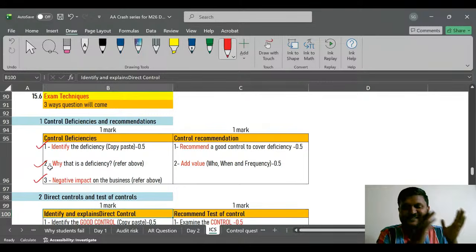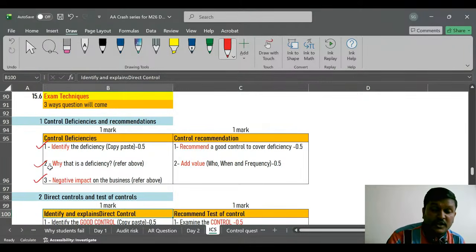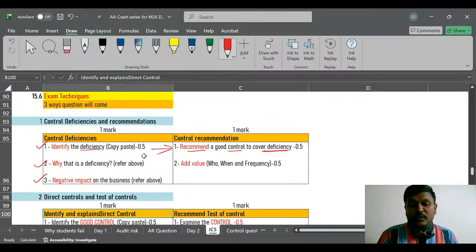Now coming to the right side question, the control recommendation. You would recommend a good control to cover the deficiency. Whatever deficiency you have identified, you need to recommend a good control to cover it. So if you are saying this thing is not being reviewed, you would suggest that the item needs to be reviewed by a senior official, and you add value with who, when, and the frequency: who will be doing it, whether on an annual basis or not on a cycle basis, and how many times.